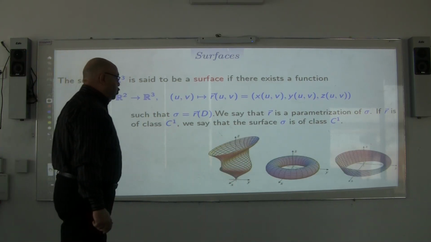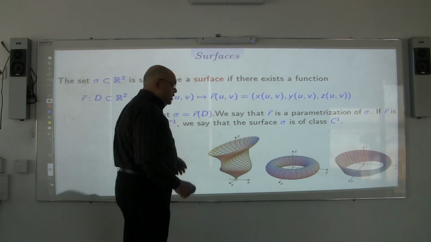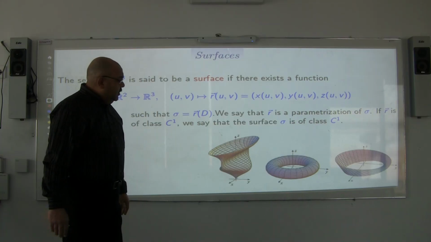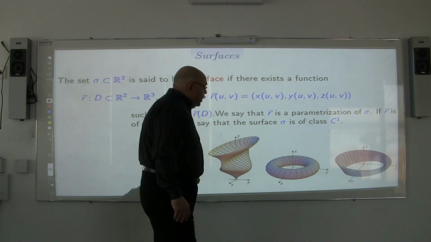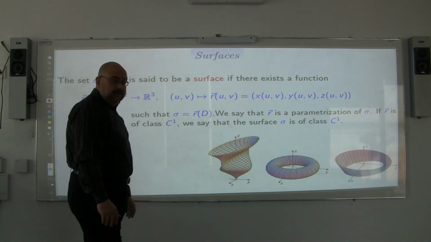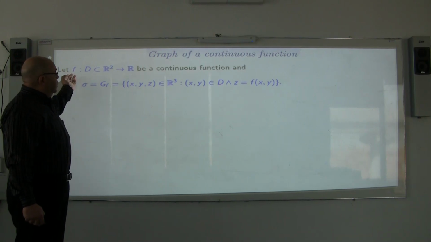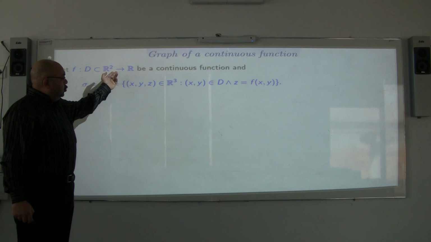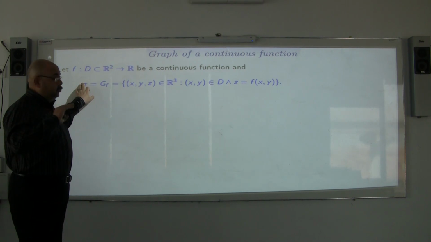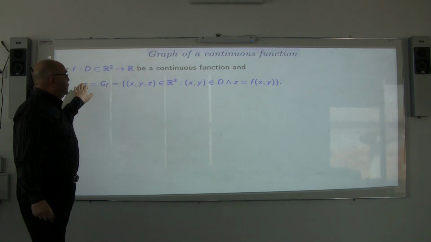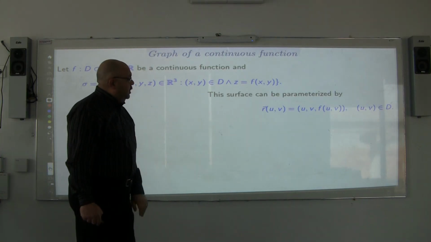Of course, we are talking about surfaces in the main slides. As you can see, these are the shapes, such as a Mobius strip, or other surfaces in 3D. Okay, so let f be a continuous function mapping from R2 into R, and sigma the part of the surface x, y, and z, given by z as a function of x and y.